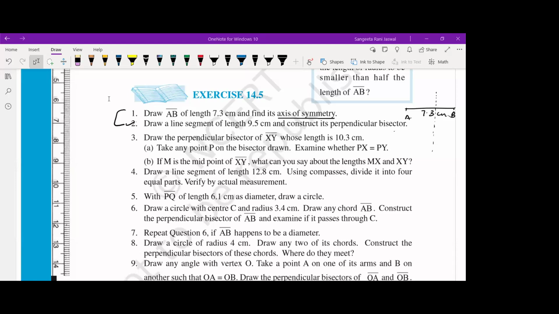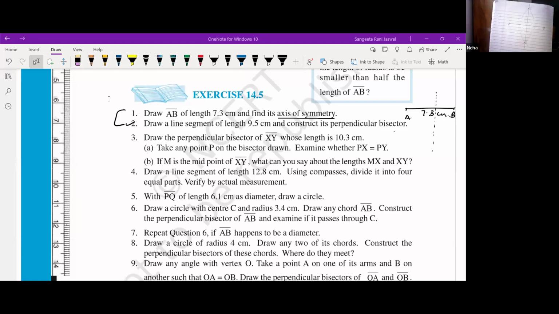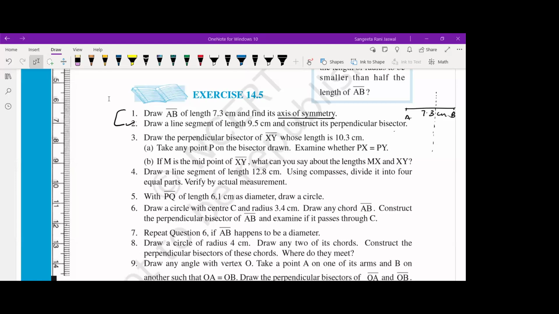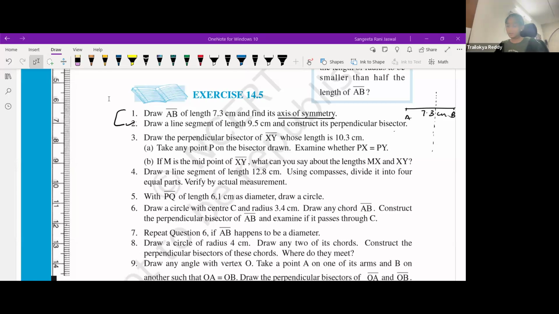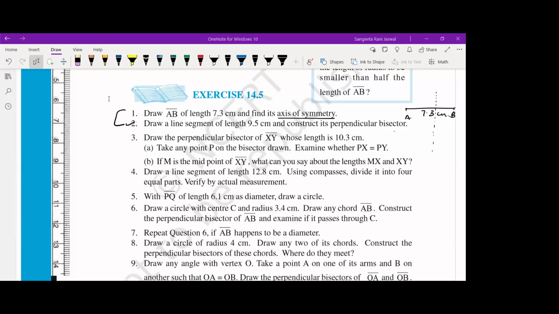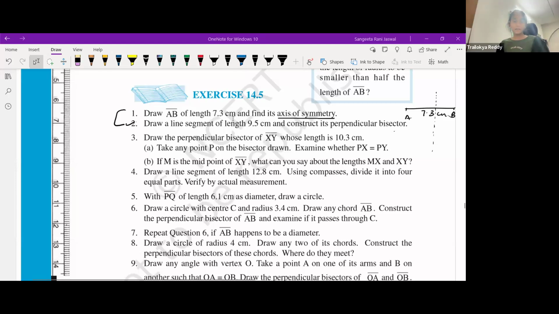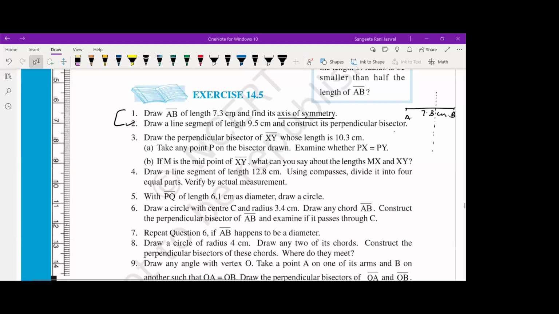Yes, good. Good, beta. Write down the steps. Yes, ma'am. Ma'am, even I am done. Good. Please show me. Bring it closer. Yes. You have written the steps also? Yes, ma'am, I'm writing. Good, beta. Very nice. Nishika, Shreyansh, show me your work.